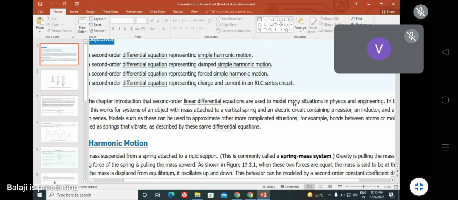You take any two, either harmonic motion, critically damped, undamped, or damped vibration. There are different things. I already shared this PPT. Follow this PPT, prepare as per your own, and present from Monday onwards. Is it okay? Okay, sir.